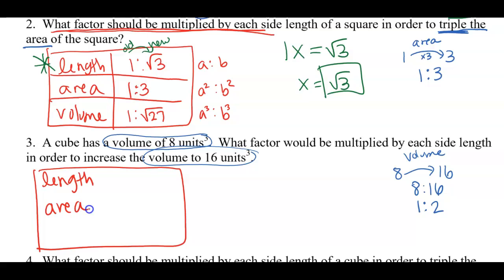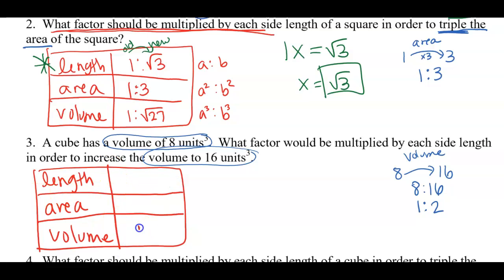All right, so what ratio did we have right at the beginning? 1 to 2, which represented what type of measurements? Volume. And remember, volume is our cubed versions of our A's and B's. So if I want to undo this, remember that A cubed is like a 1 when B cubed is like a 2.